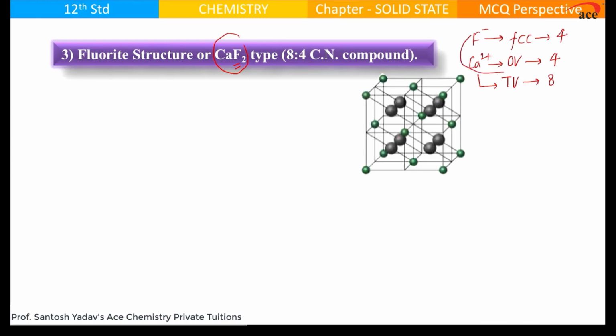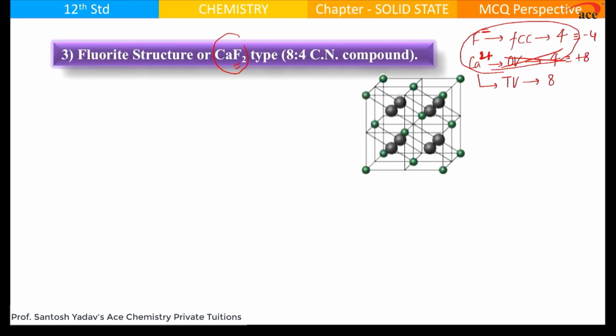Now, imagine the first case: fluoride makes up FCC, 4, calcium makes up octahedral voids, 4. Then there will be no charge cancellation, because the total charge in this case will be plus 8, the total charge of fluoride will be minus 4, and the total unit cell charge will not be 0. So, that means this possibility is not there, that calcium occupies octahedral voids.